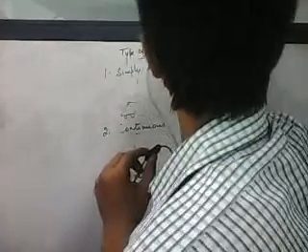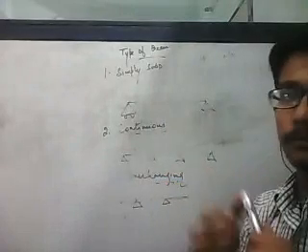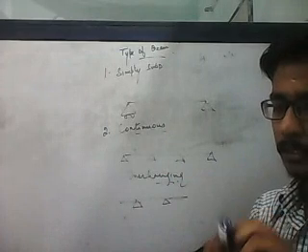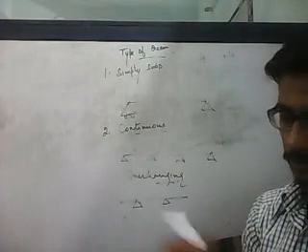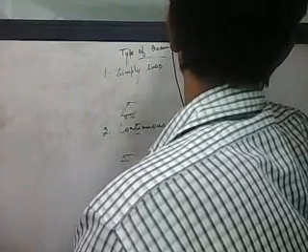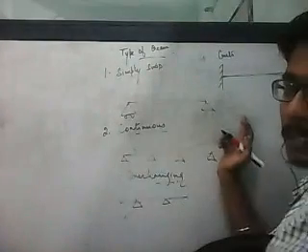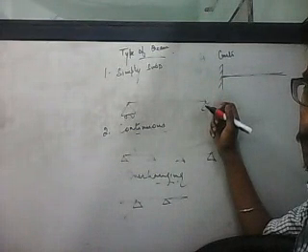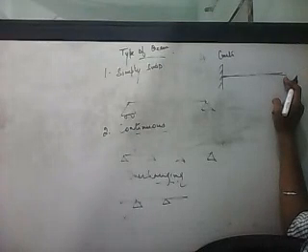The fourth one is the cantilever beam. At this end the support is a fixed support, and this end is free.